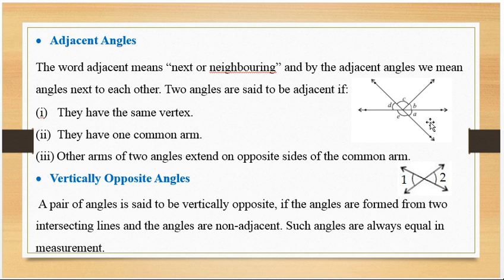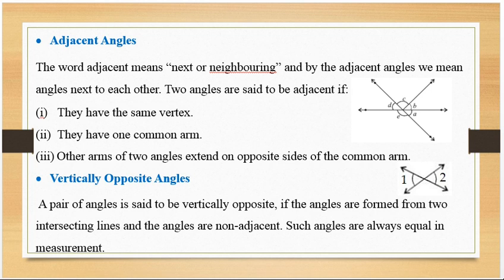And similarly, the two other arms are opposite to the common arm. Similarly, the angles A and E are sharing this common arm, and the two other ends are opposite to the common arm.